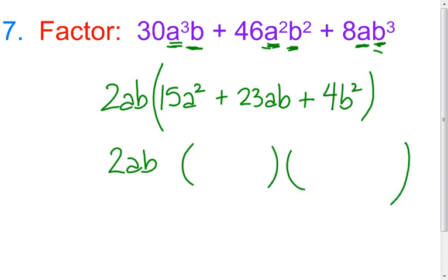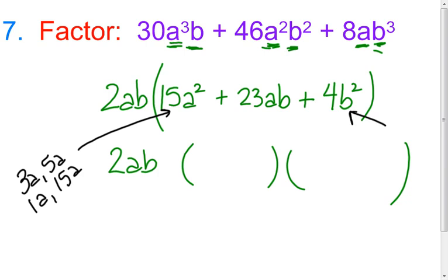So, the factors of 15a squared are 3a and 5a, or 1a and 15a. The factors of 4b squared would be b and 4b, or 2b and 2b. Okay? And you just have to try it. So here we go, my two fronts.